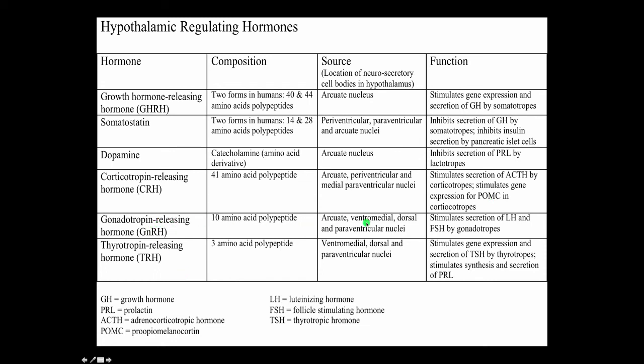Gonadotrophin-releasing hormone from these regions in the hypothalamus, arcuate, ventromedial, dorsal, and paraventricular nuclei, stimulates secretion of LH and FSH by the gonadotrophs. Thyrotropin-releasing hormone, a very small polypeptide, stimulates gene expression and secretion of TSH by thyrotrophs, and also stimulates synthesis and secretion of prolactin.